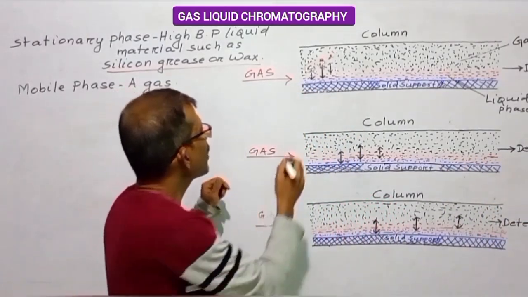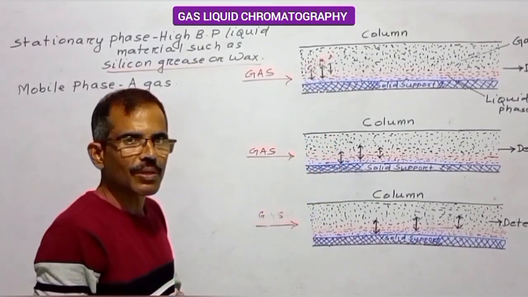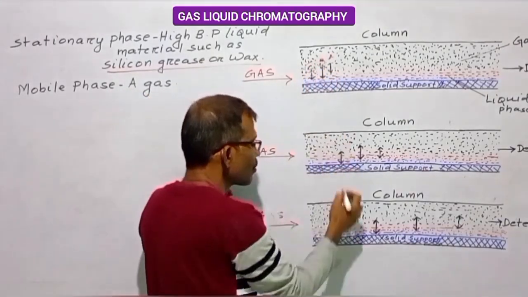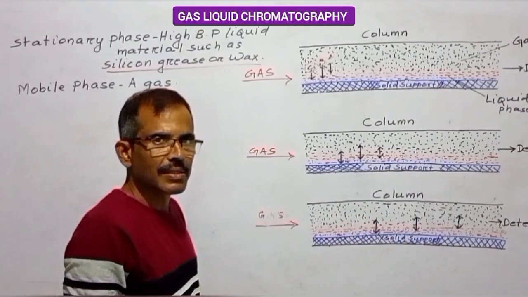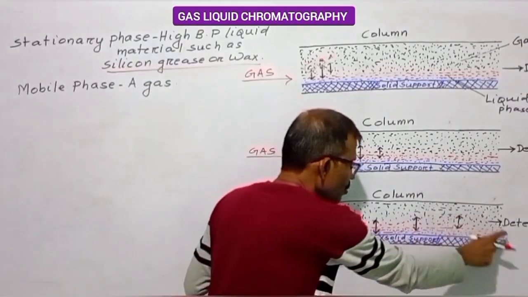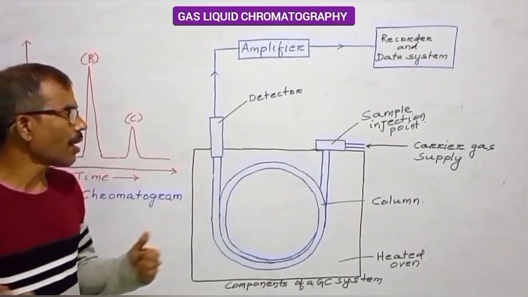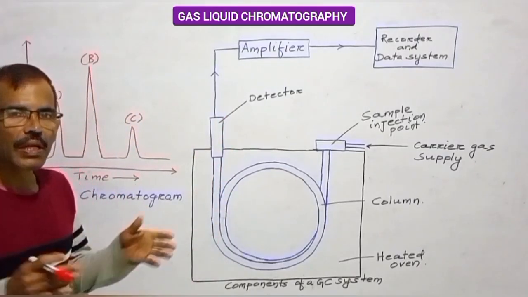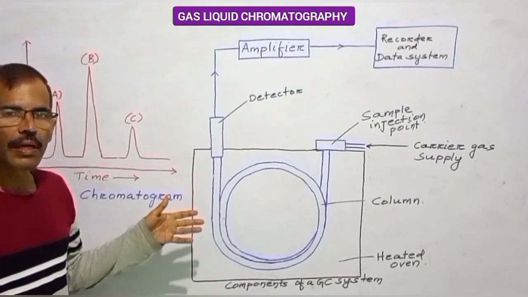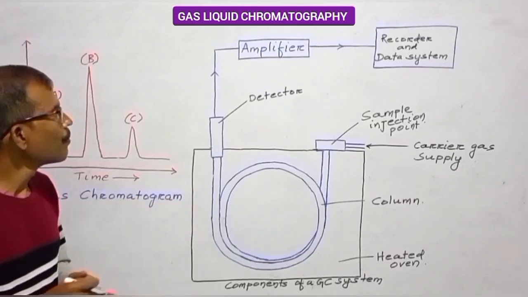And the third analyte C is least volatile. Because of this, its interaction with the mobile phase is least, and as a result, at last, it is eluted out. After separation, the individual analytes reach a detector which reads their concentration and converts it into an equivalent electrical signal.